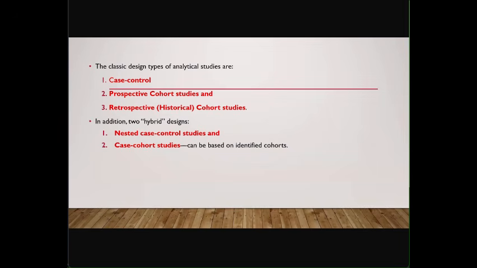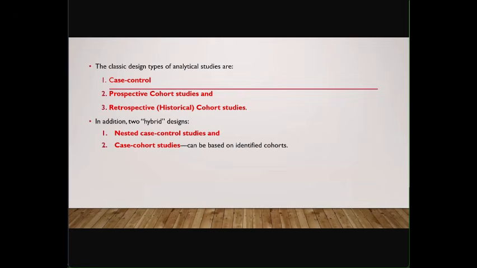Now, the classic designs of analytical studies: case control studies, prospective cohort studies, that one I call cohort studies, retrospective cohort studies, the one I call historical cohort, then nested case control or case cohort studies.